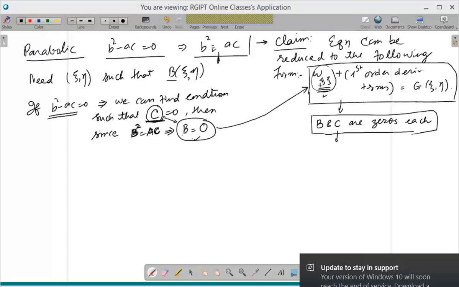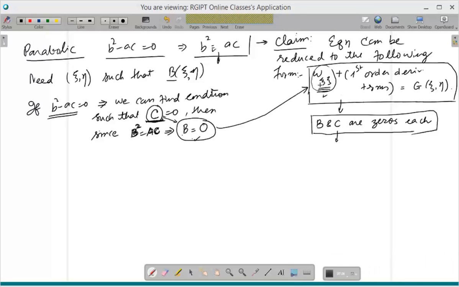That's it. Is that all right? So I have to just show capital C equal to 0.